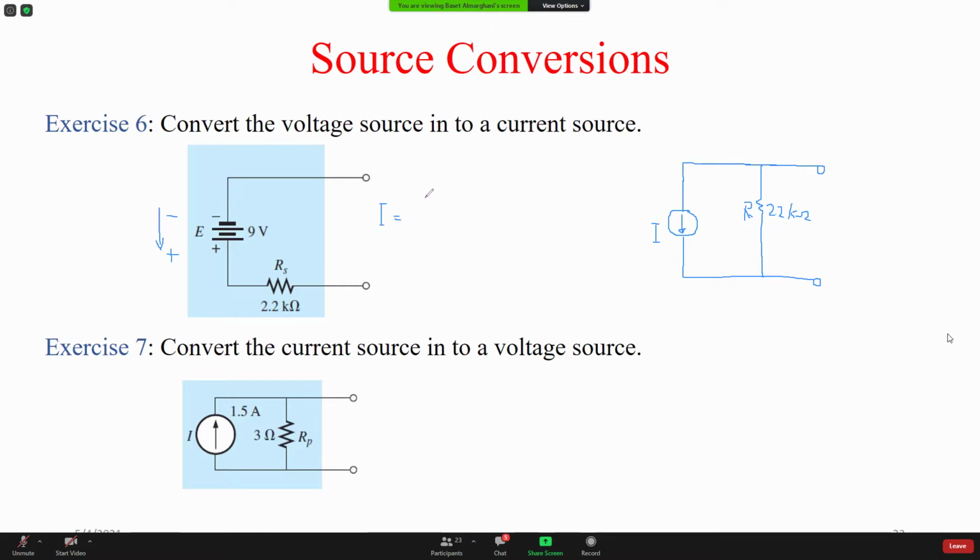I equals E over R. So E is 9 here, and R is 2.2K. And this is around 4.1 milli. So this is 4.1 milliampere.